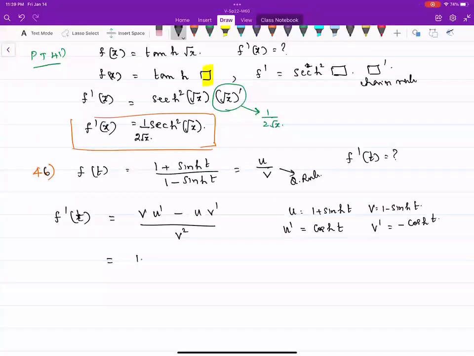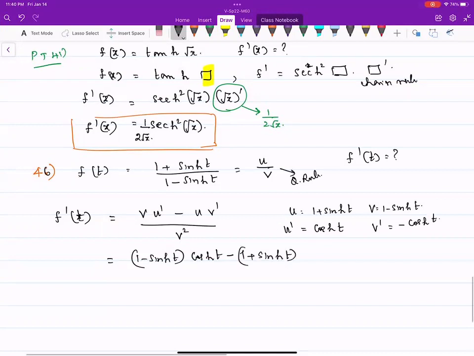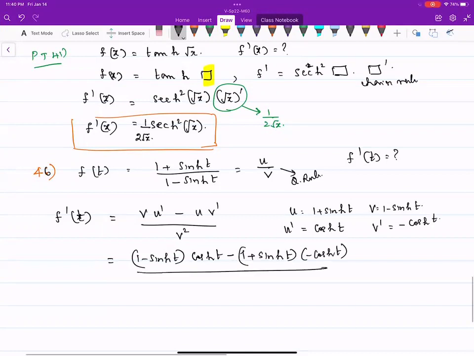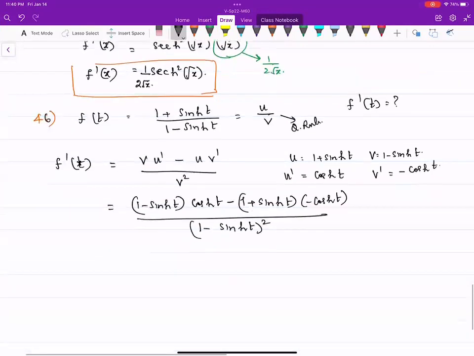V, which is 1 minus sine hyperbolic, times u prime, is cosine hyperbolic, minus u, which is 1 plus sine hyperbolic, times v prime, that is negative cosine hyperbolic, divided by v square, is 1 minus sine hyperbolic, the whole square.